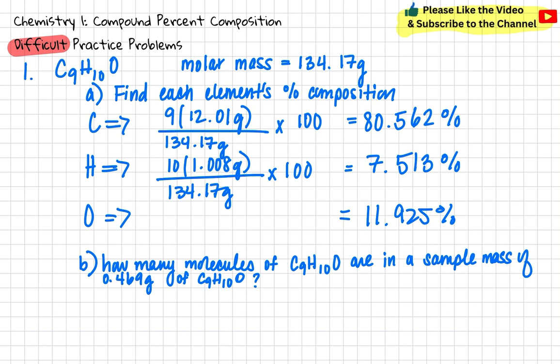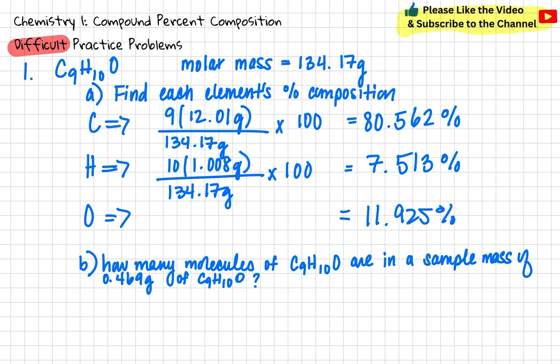All right, so part B is asking us how many molecules of the compound are in a sample mass of this amount, which is 0.469 grams. This is something that we are going to have to do dimensional analysis with. If you guys recall in my video, dimensional analysis is a process where we start with a known number to find the unknown number that we're looking for.